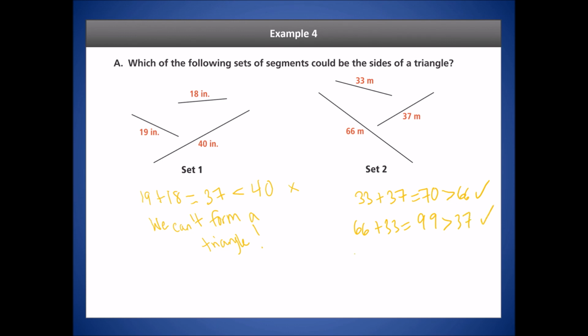And then lastly, if we add 66 plus 37, actually, it's going to give us 103, which is greater than 33 in this case. All right, so all these inequalities hold true, which means that we can form a triangle from those three line segments.